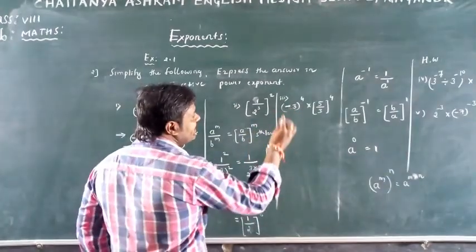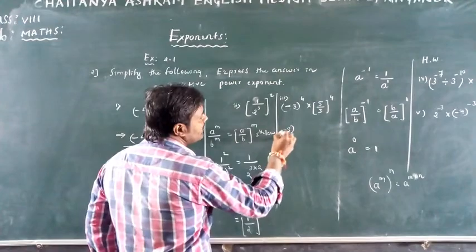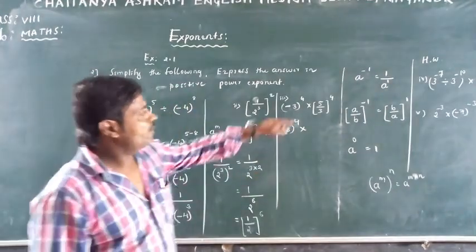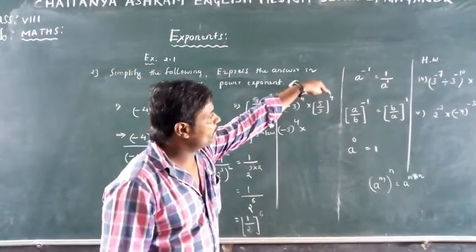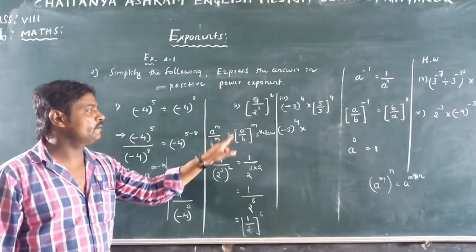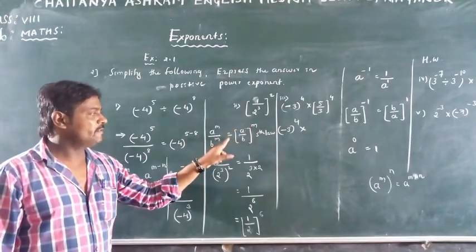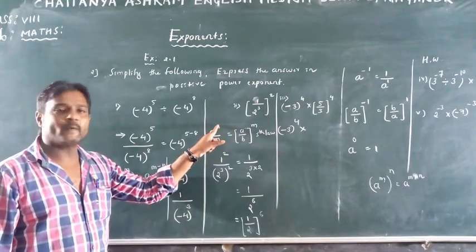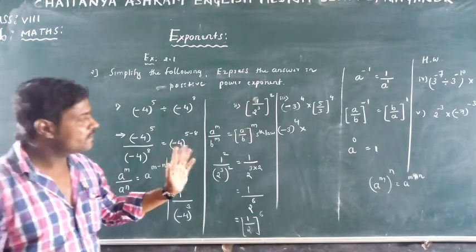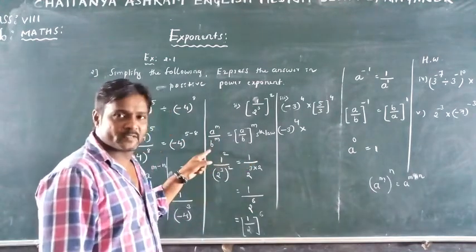So minus 3 raised to the power 4 into (5 by 3) raised to the power 4. See the fifth law, (a by b) raised to the power m is equal to a raised to the power m divided by b raised to the power m. Yes. So reverse process.